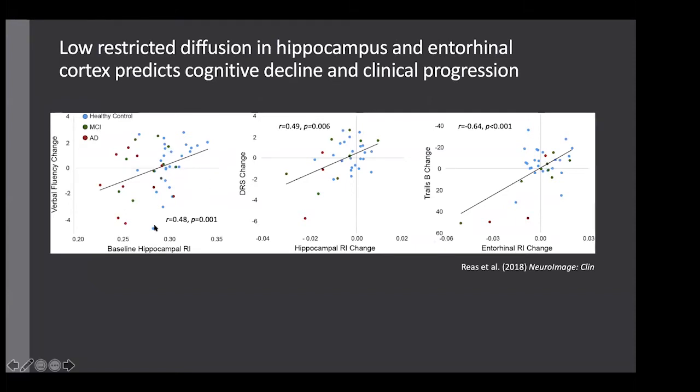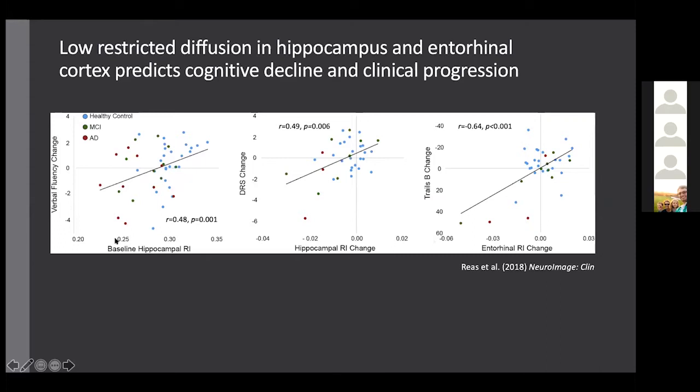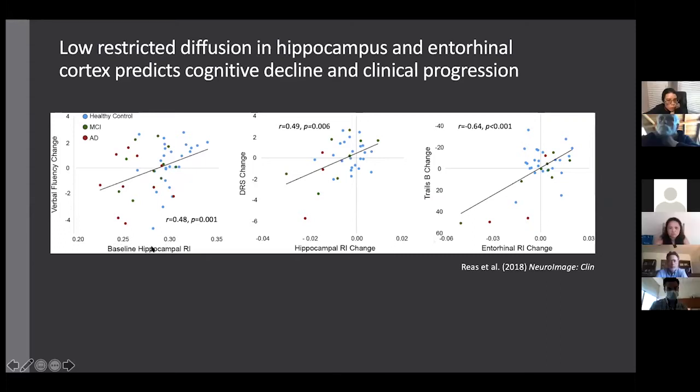And yes, indeed, here on the left panel, we see that hippocampal restricted isotropic diffusion at baseline, or I should say lower restricted isotropic diffusion at baseline, predicted more rapid decline in a measure of verbal fluency.